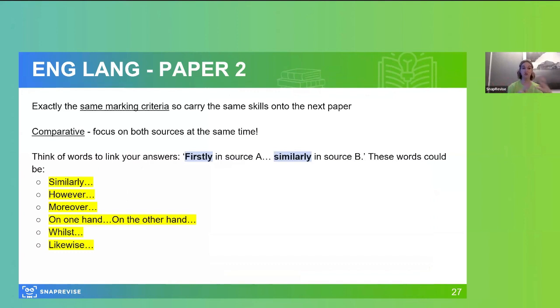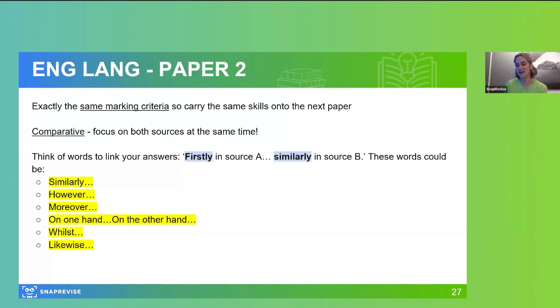You have to compare two sources. So the biggest piece of advice that I can probably give you is focus on both sources at the same time. It can feel really natural to think, okay, I'm just going to look at source A because I understand source A, and then you can run out of time to talk about source B. In any question where you're being asked to compare, if you only talk about one source, you're going to really limit the amount of marks that you can get.